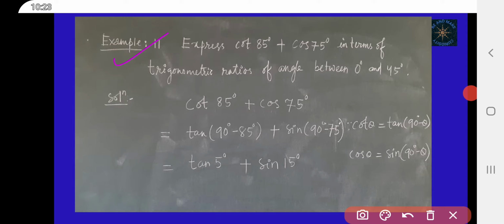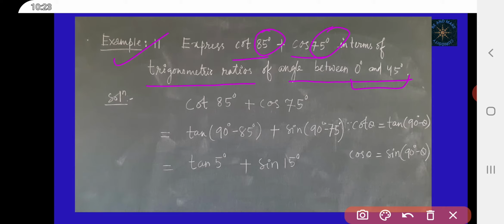Example 11. Express cot 85 degree plus cos 75 degree in terms of trigonometric ratios of angles between 0 degree and 45 degree. Here the angle is 85 degree, here the angle is 75 degree.